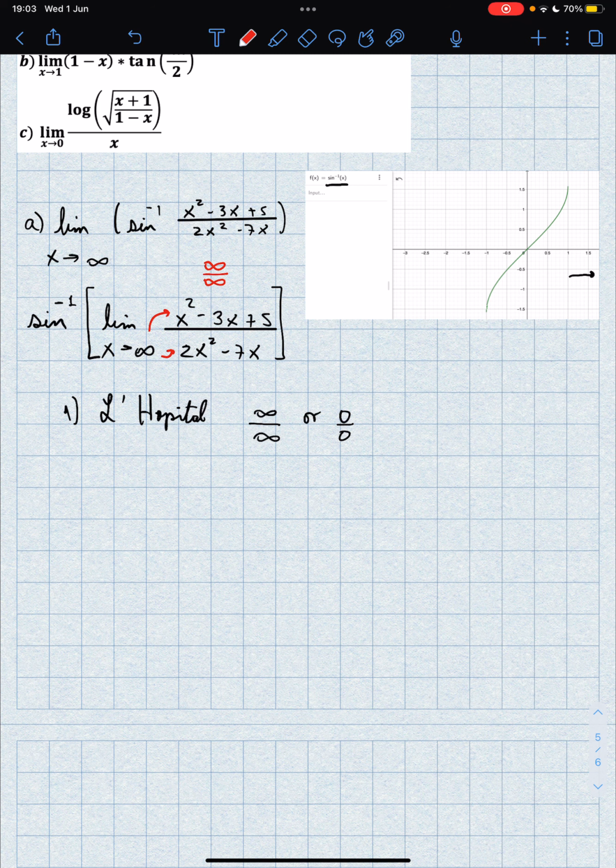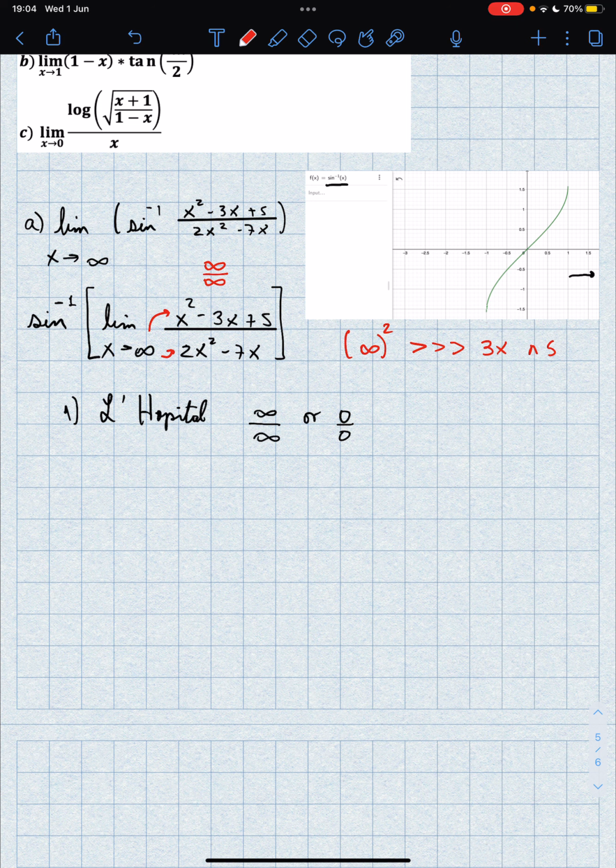But you can also do this trick, right? We can say this: if we're plugging infinity here, then infinity squared is going to be way bigger than 3x and also 5.